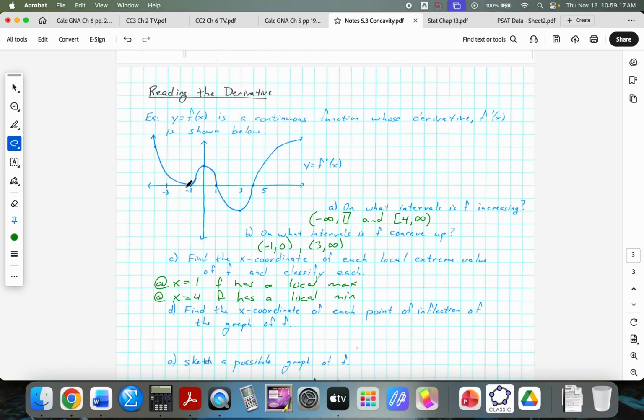So this is the location of a point of inflection. So x equals -1. All right? From 0 until I get to 3, f prime is doing what? Decreasing. So f is concave down. And then here, f prime is increasing. So f is concave up. So that's another point of inflection.